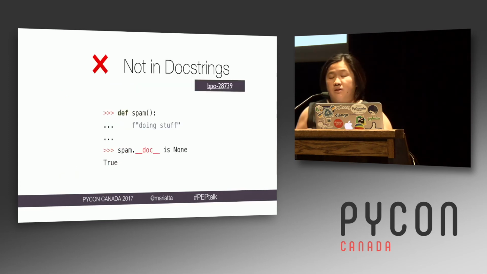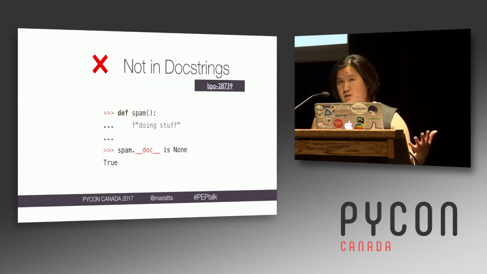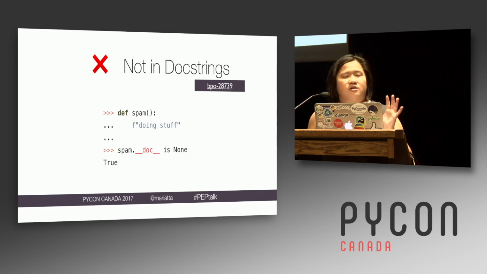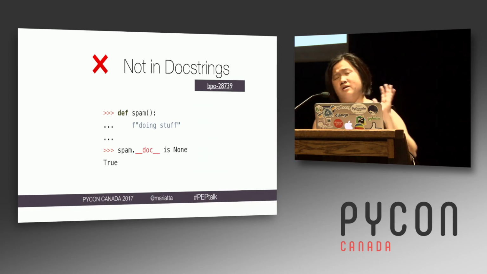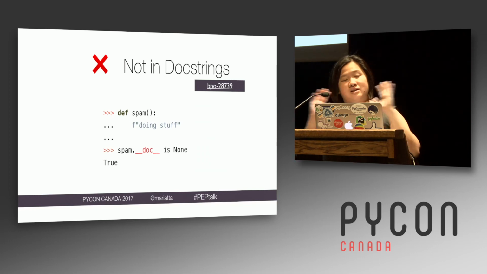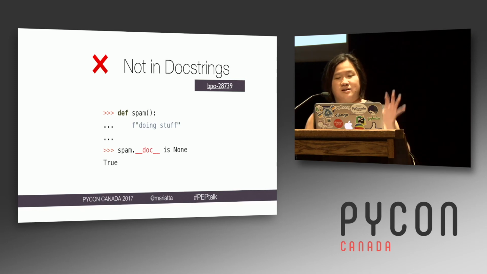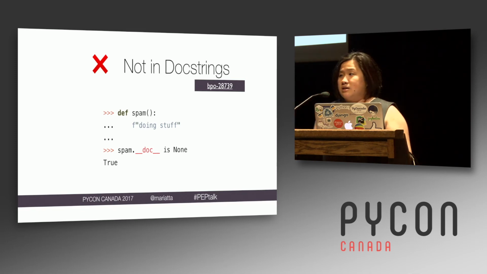You can't, however, use it in docstrings. And I really don't know why you would ever want to do this, but this was asked several times. This was not part of the PEP. We didn't think about it when we wrote the PEP, but then once PEP 498 was said and done, people started asking, can I use it in docstrings?